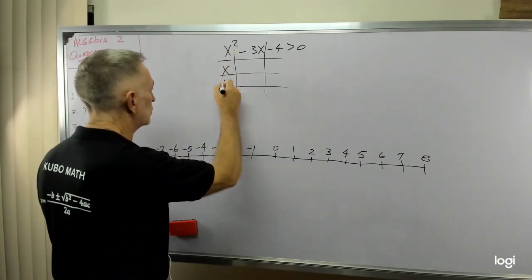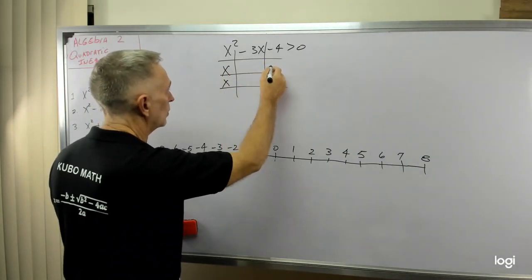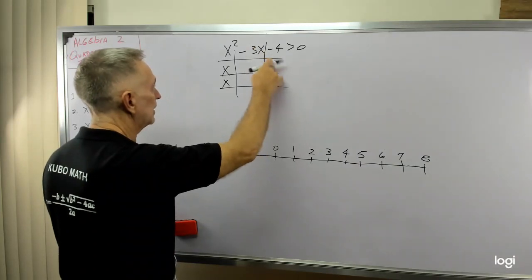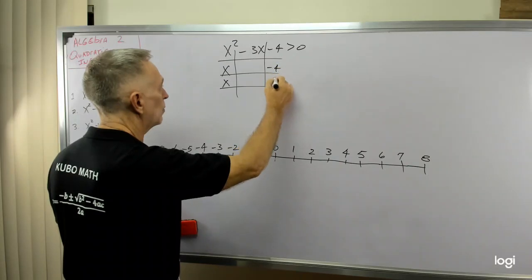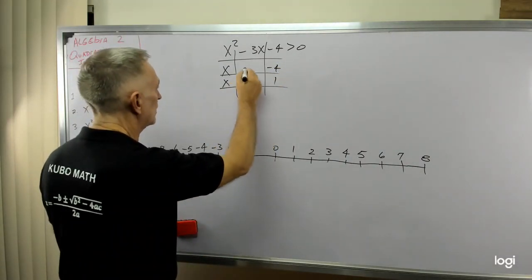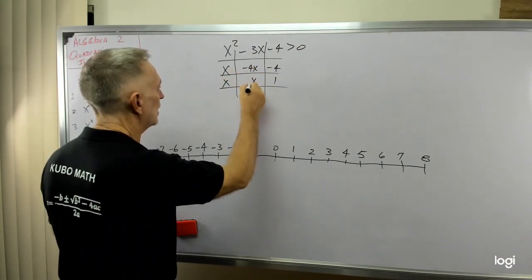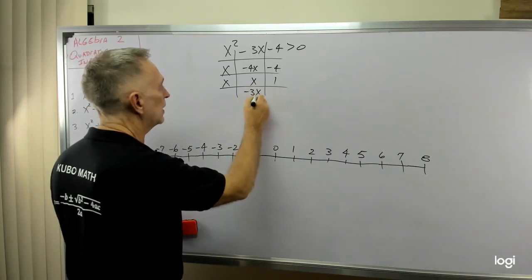So x squared is factored x times x. Negative 4 could be 2 times 2, but they need to add together to give me a negative 3, so maybe a negative 4 and a positive 1. Negative 4 times x, negative 4x, 1 times x is x, negative 4x plus x is negative 3x.